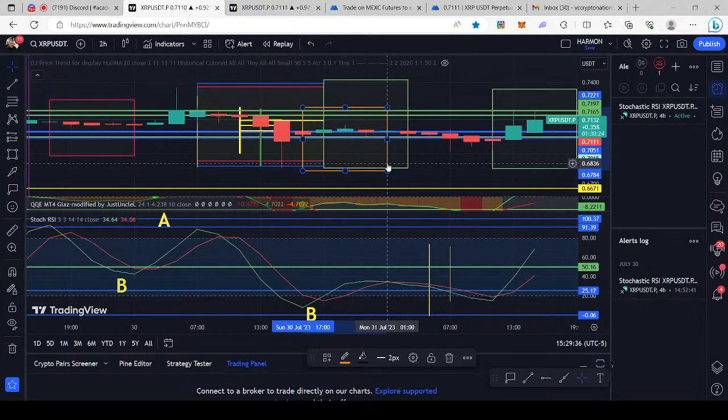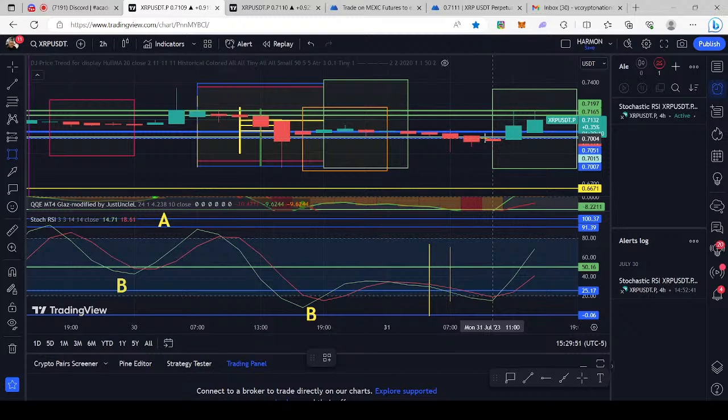It goes up until midnight on the 31st. So that was our first 2 hour move up. Our second 2 hour move up happened today at 11 a.m., which happened to be exactly when the 4 hour started to make its move too. And currently, it's still going up.